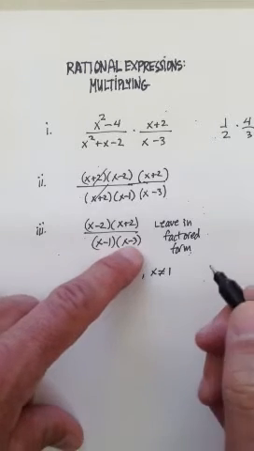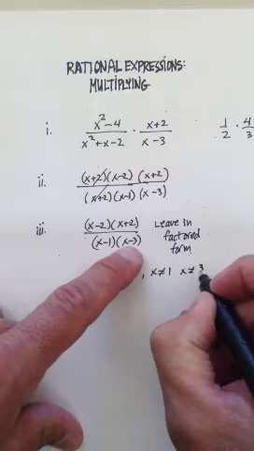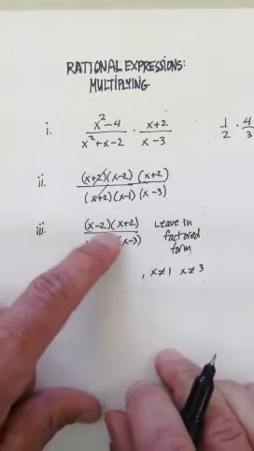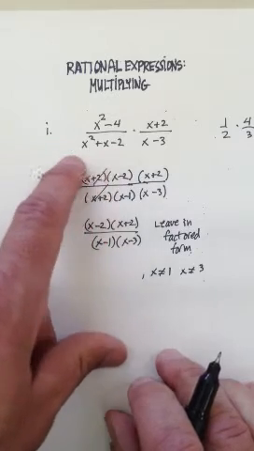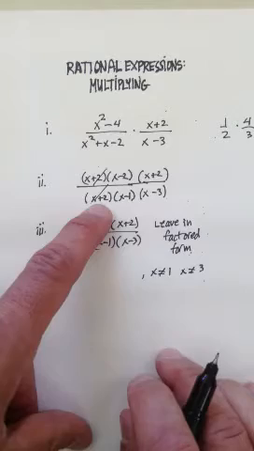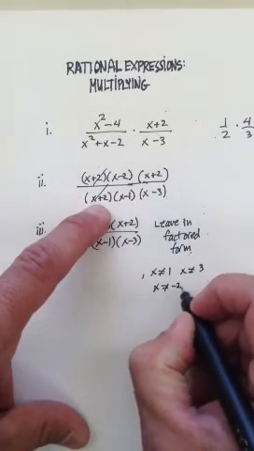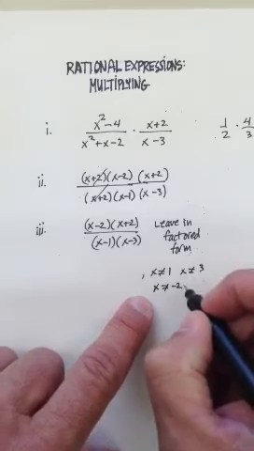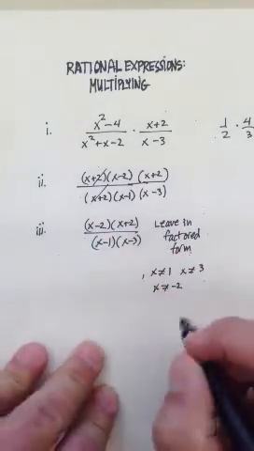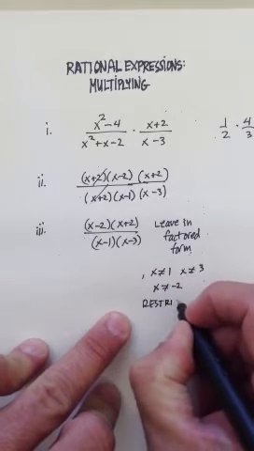Also, x cannot equal positive 3, because otherwise this would be 0. And if I go up to the very top, I'll notice that x also cannot equal -2. Those are called restrictions, and you need to use these to have a complete answer.